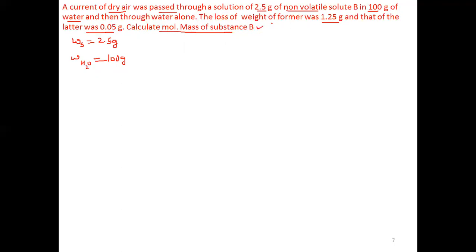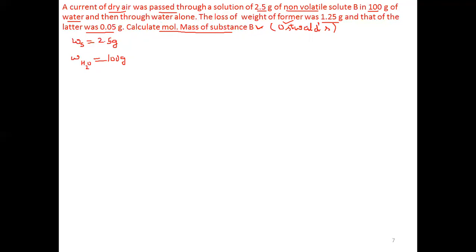Now this numerical is based on the method that we did in lowering of vapor pressure, Ostwald and Walker's method to determine relative lowering of vapor pressure. So in order to solve this numerical, we must know about Ostwald's method. I will again repeat the statement: dry air was passed through a solution of 2.5 gram of non-volatile solute in 100 gram of water and then through water alone.